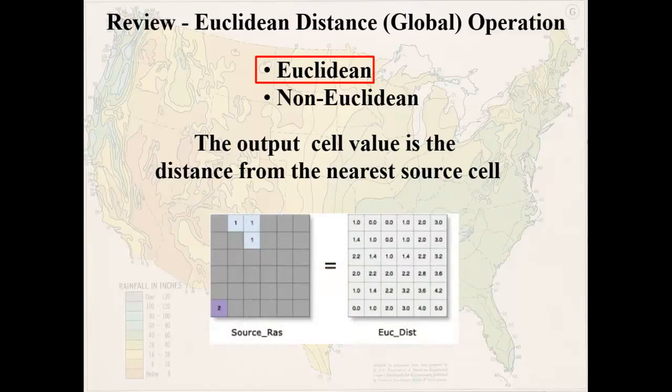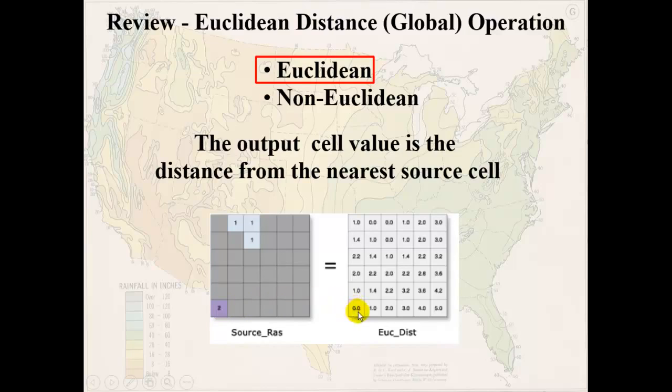Here's an example. In this case we have two source cells, or source rasters. We have a source equivalent to a zone here, value 1, and another one, 2. And what it does is it goes out and it calculates the distance from the nearest source cell to each cell in the raster. So in this case, let's look at source 2.